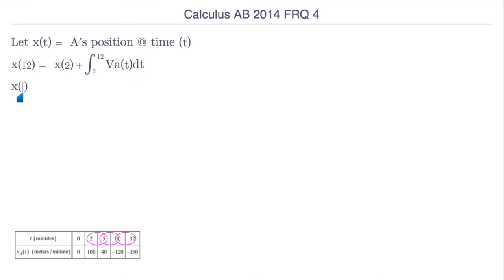So now we're just going to substitute in our numbers and solve for what x of 12 roughly is. Since it's asking us to use trapezoidal sums, we're going to have to use the formula for the area of a trapezoid, which is base 1 plus base 2 times height over 2, which is why we're multiplying by 1/2.